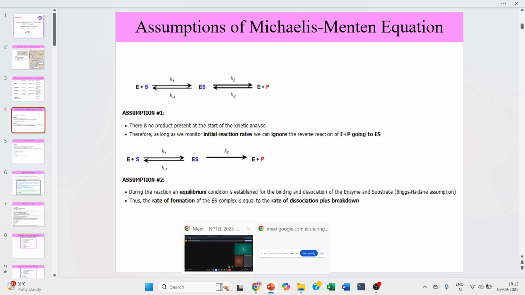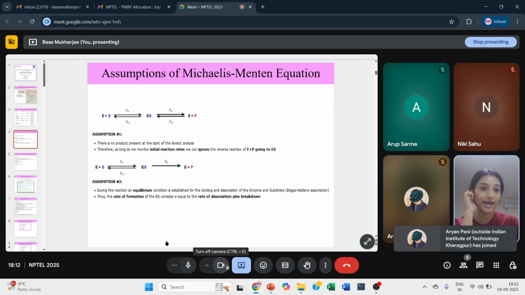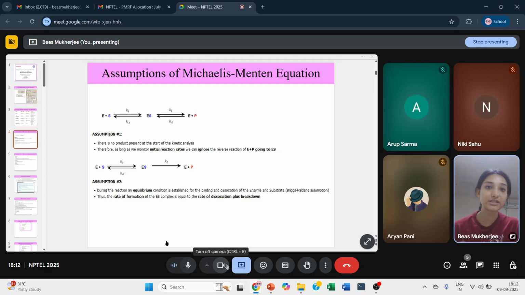Okay, now we will move on to the Michaelis-Menten equation and the entire concept regarding that. Okay, so now you know that the equation is E plus S gives you ES. So the forward reaction constant is K1. For the backward reaction, the reaction constant is K minus 1, and ES is formed, and then from the enzyme substrate complex, the enzyme plus product gets formed, and this reaction in the forward direction is given by reaction constant K2.